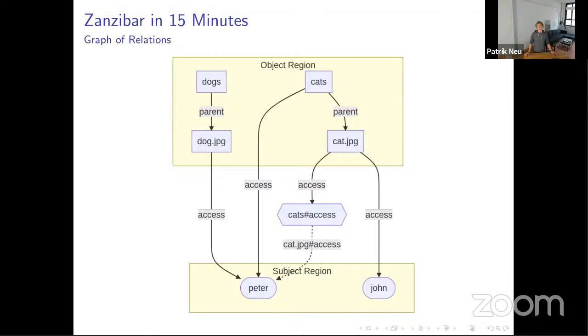What's also very important is that, for example, the ACL check would be equivalent to just checking the reachability of a certain node.